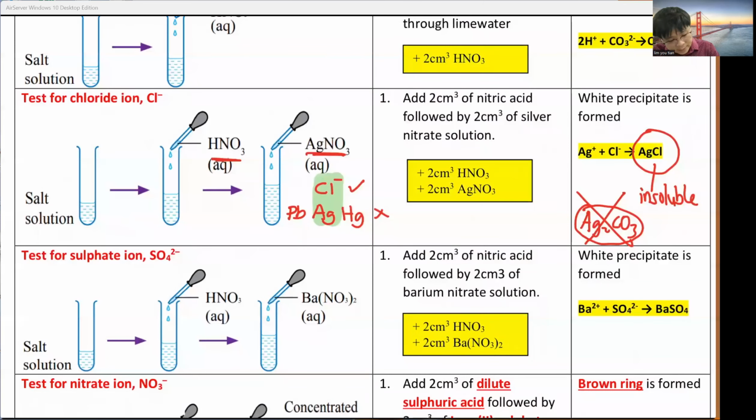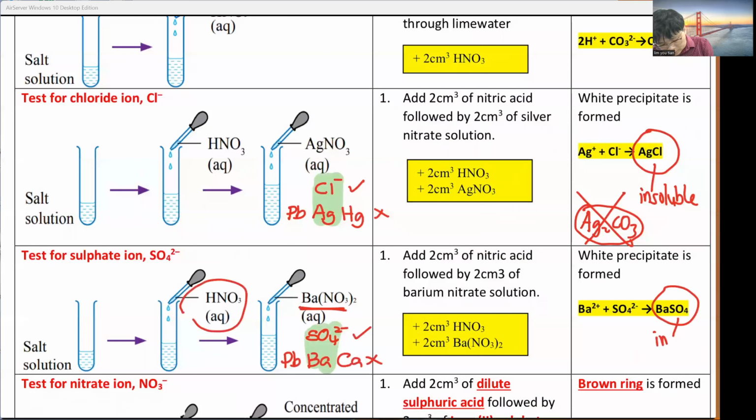Then how do we test sulfate? We use the same method. We know that sulfate is soluble except barium sulfate, which is not soluble. So in this case, same, we put nitric acid first, then we put barium nitrate. When a precipitate comes out, we know it's BaSO4, insoluble.